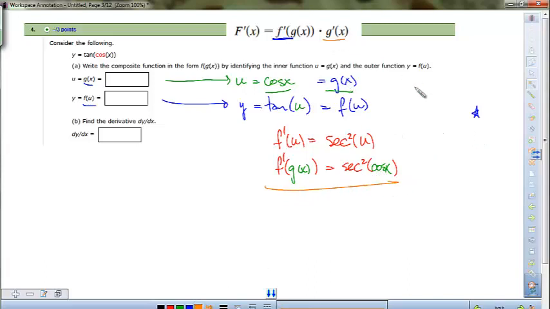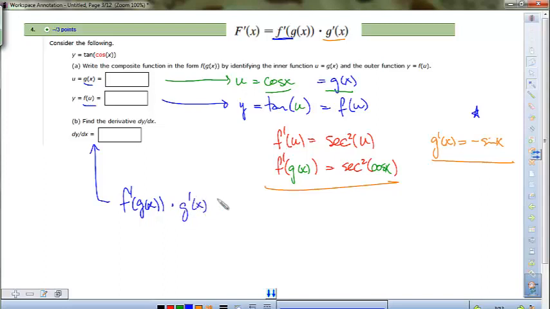Now the other part that we need is g prime of x. So g prime of x, well, g of x is just cosine. The derivative of cosine of x is negative sine x. And there you go. So according to our formula, this should be equal to f prime of g of x times g prime of x.